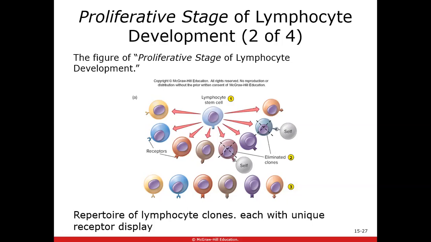If there are lymphocytes that do not recognize ourself as self, then they are eliminated. And so what you end up with is a repertoire of lymphocyte clones. They're exactly alike, except each of them has a unique antigen receptor. That's the only difference with them.